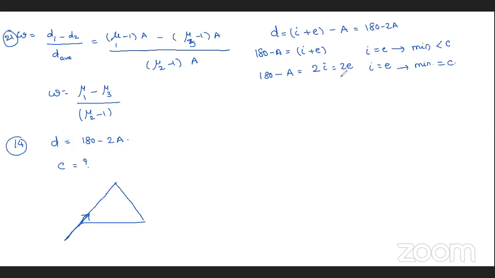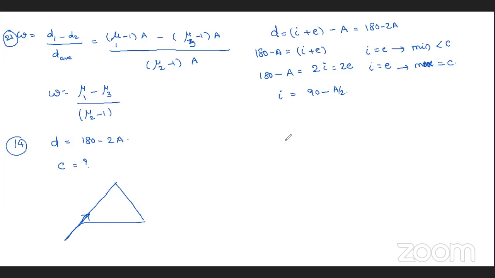Okay sir? Here minimum or maximum is not given by him, sir. It is not given, it is our assumption. Okay sir. Okay, so here I is equals to 90 minus A by 2.